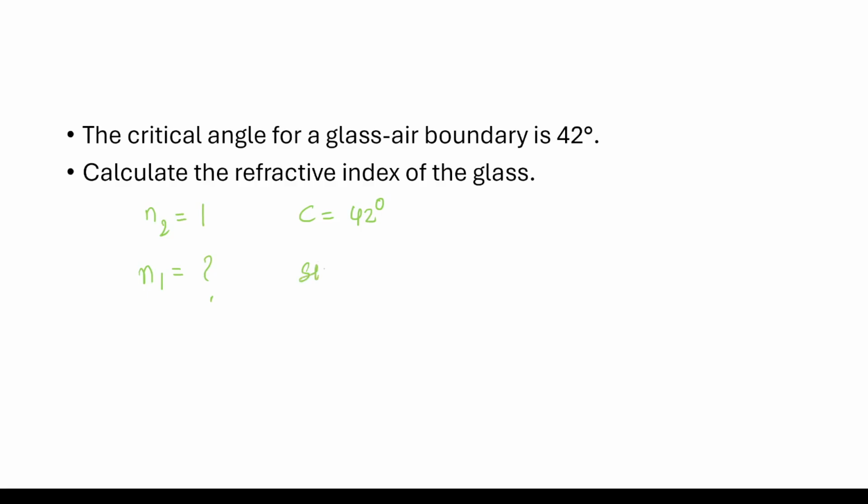So I'm just using sine C as N2 over N1, sine 42 equals 1 over N1. We want N1, so N1 is 1 over sine 42. Using my calculator, answer is approximately 1.49.